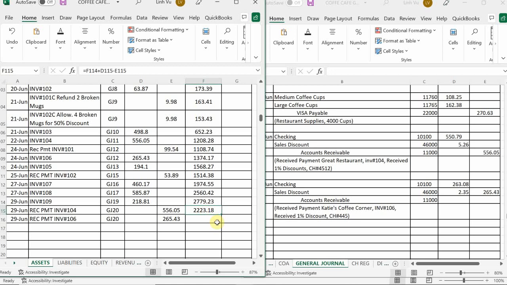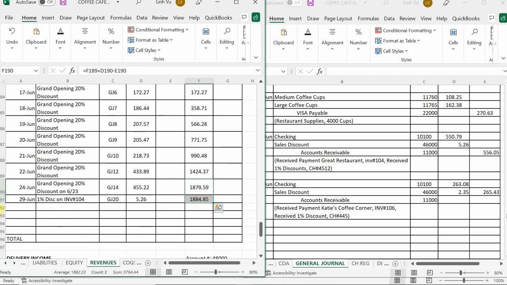So how much is this going to reduce your accounts receivable by? $1957.75. Good.